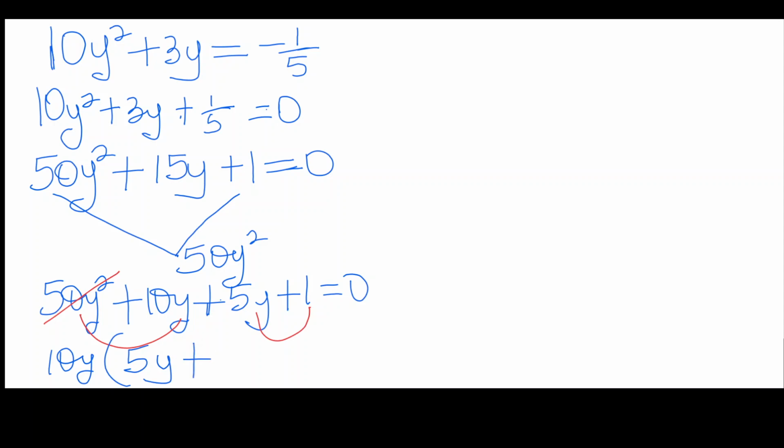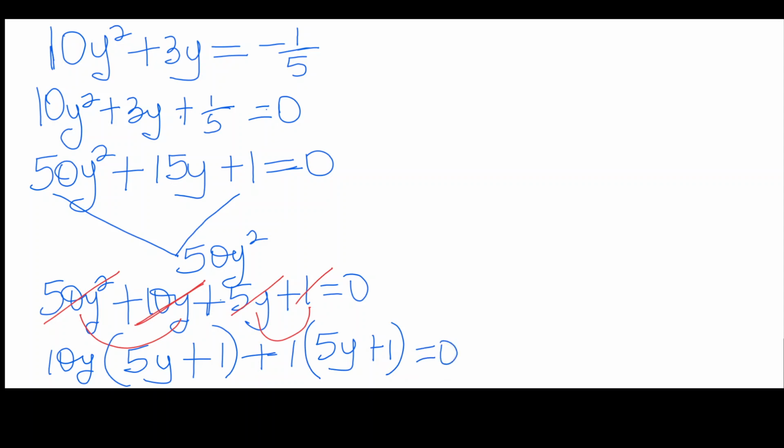Then plus dividing 10y by 10y, that is, I'm dividing this 10y here by this 10y here also. So I'm going to be having 1. Then we have 1 to be common here, so plus 1. Then open a bracket. 1 in 5y is still going to be 5y, of course. Then 1 in 1 is going to be 1, so plus 1.